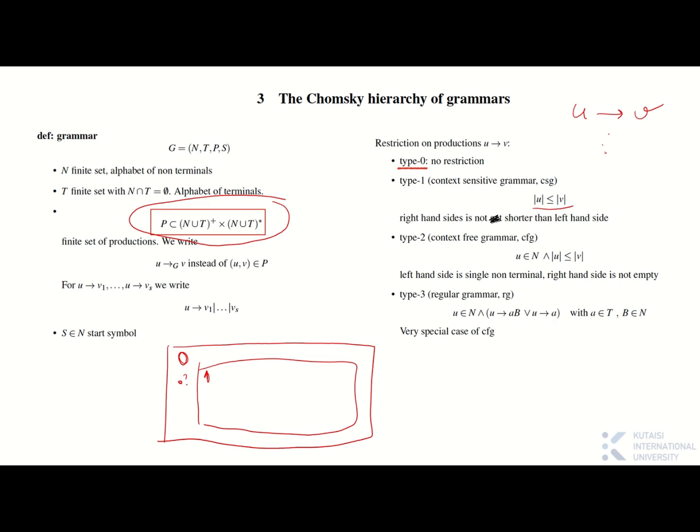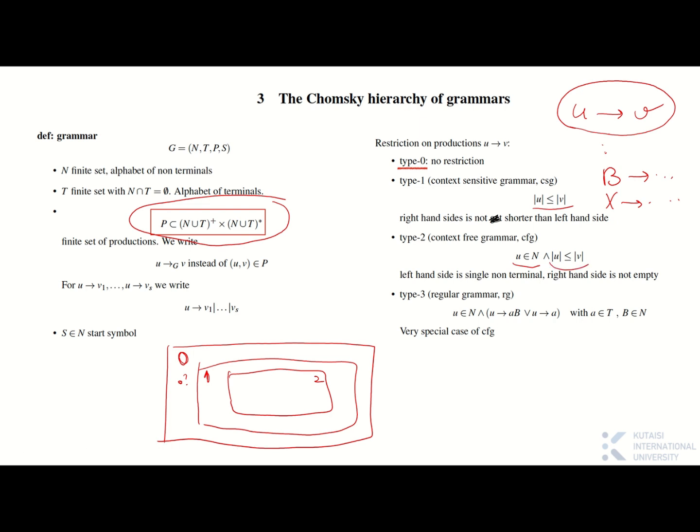Now a context-free grammar is even more restrictive, so it will sit here somehow. Type 2, or context-free grammar, which we are aware of, means that in every production rule the left-hand side is just a single non-terminal. You cannot have strings anymore. So you have things like B derives something, or X derives something. You cannot have strings on the left side anymore. It's just a single non-terminal, and the right side cannot be empty.